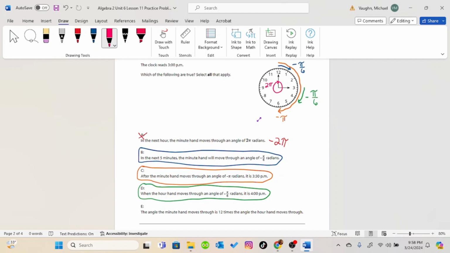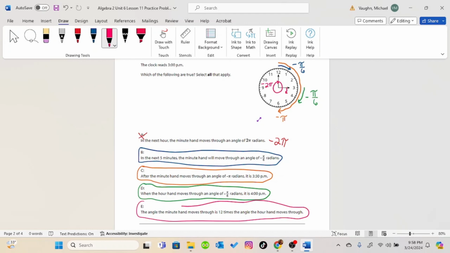But in that same 1 hour, we just said the hour hand would only move from 3 to 4, which is negative pi over 6. So in 1 hour, the minute hand moves 12 times as far as the hour hand does. So E is also correct.